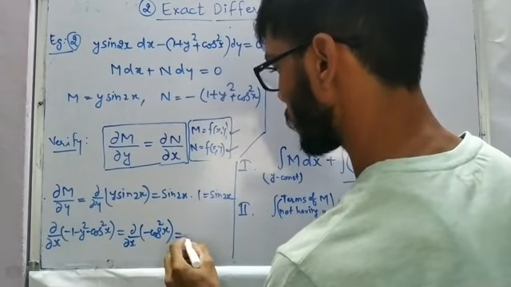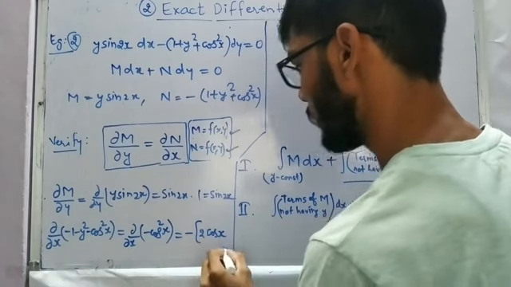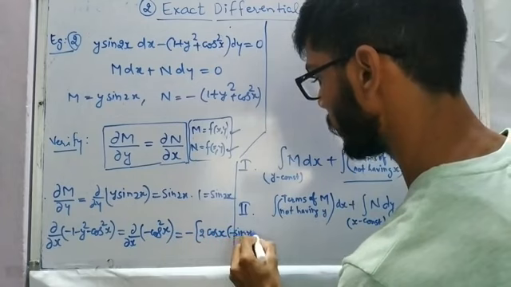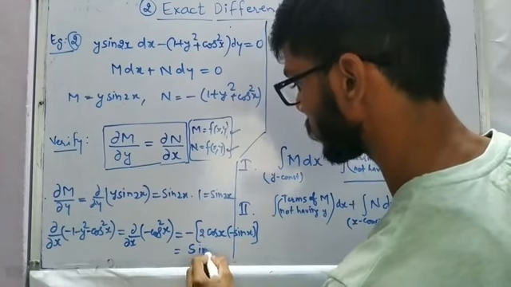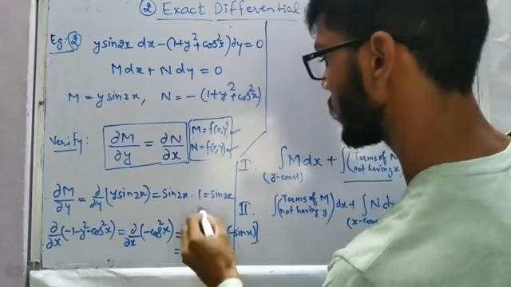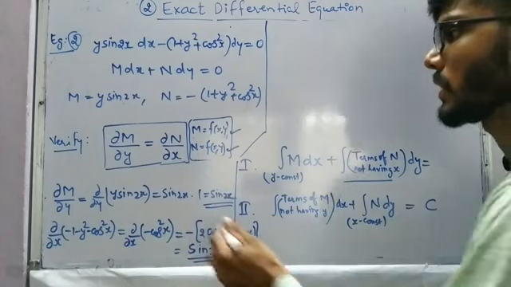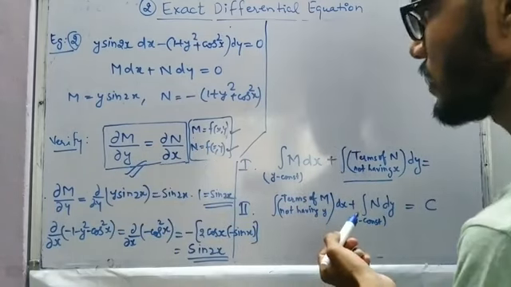The differentiation of cos square x is 2 cos x, and the differentiation of cos is minus sin x. So minus minus plus 2 sin x cos x. And 2 sin x cos x is again sin 2x. So we can see sin 2x is equal to sin 2x. So dou m by dou y is equal to dou n by dou x. So we can say that this particular equation is in exact differential equation form.